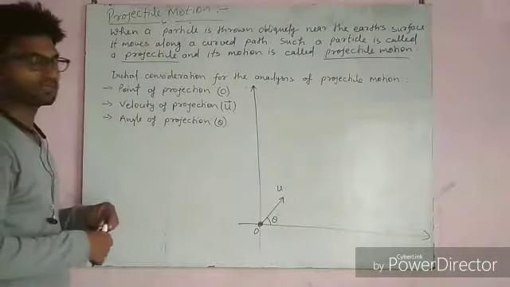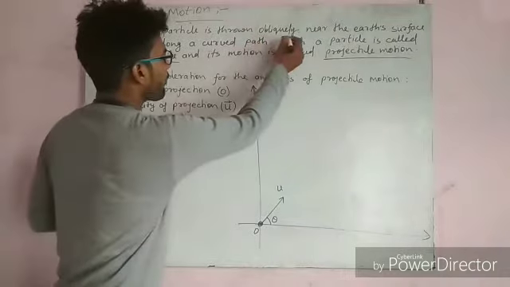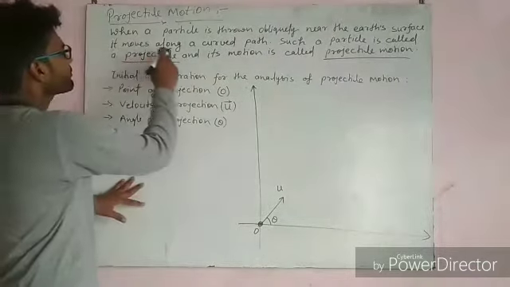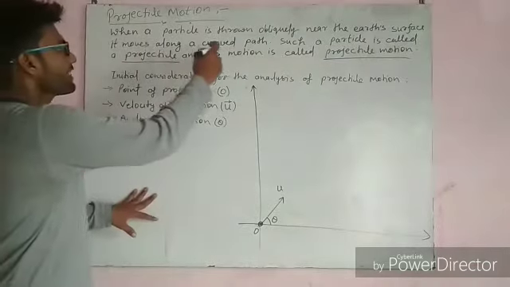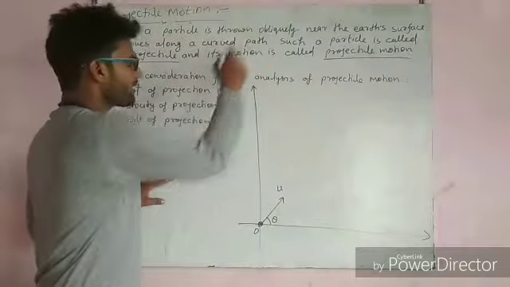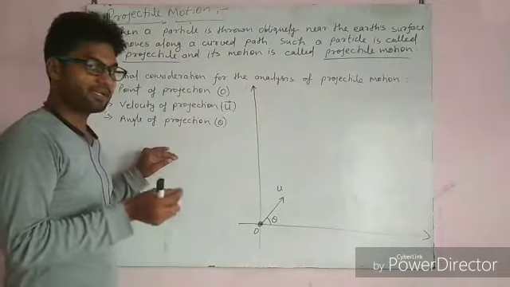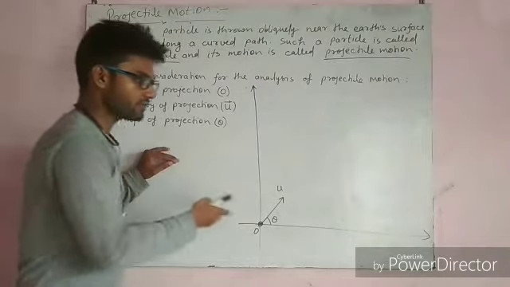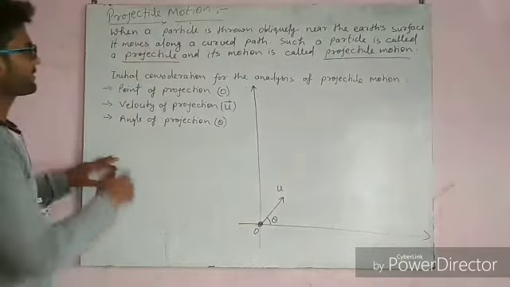As you can see here, when a particle is thrown obliquely near the earth's surface, it moves along a curved path, right? When a particle is thrown obliquely, it means the initial velocity is at a certain angle with the horizontal x-axis.